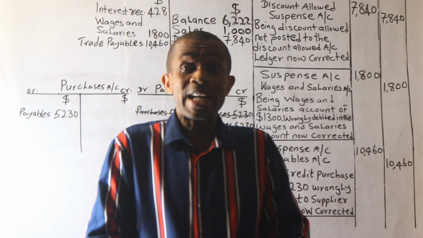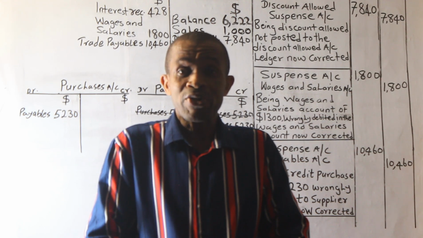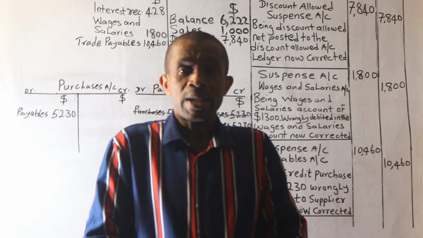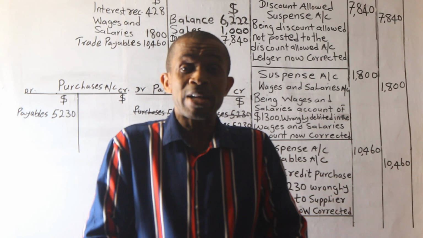This error is known as error of single entry. That means one account has been debited while the other account has not been credited, or one account may be credited and the other account has not been debited. The account that did not receive any recording is the cash book, that is the bank column, which means that the credit side of an account has been reduced or bereft of $1,300.